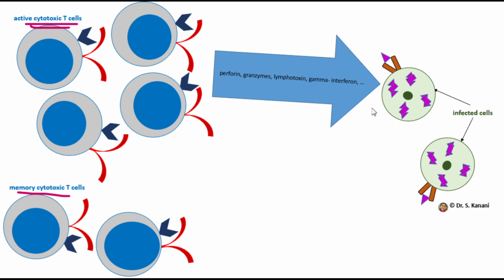And clearly, we lose these active cytotoxic T cells, and we are left again with the memory cytotoxic T cells. And as long as we keep memory cells, we can say that we have some sort of immunity against that type of microorganism.